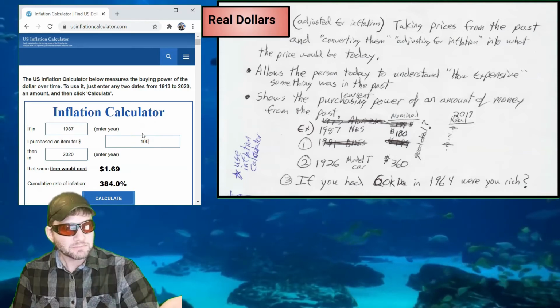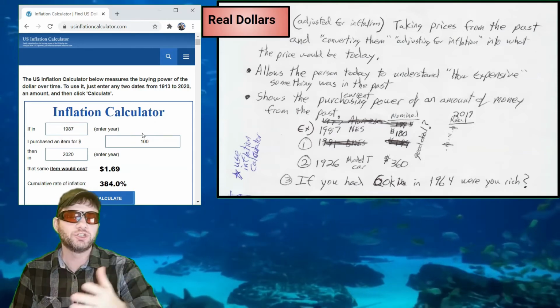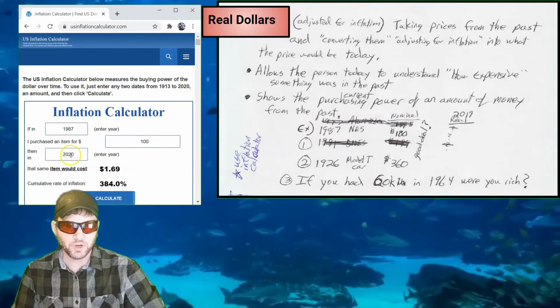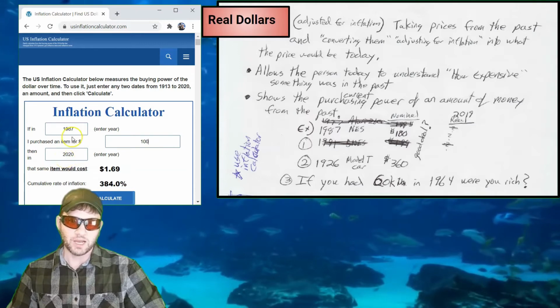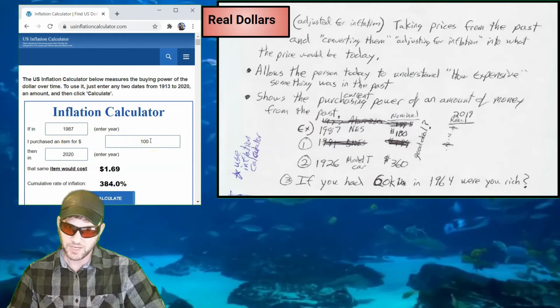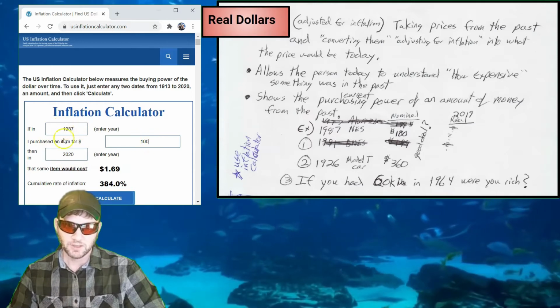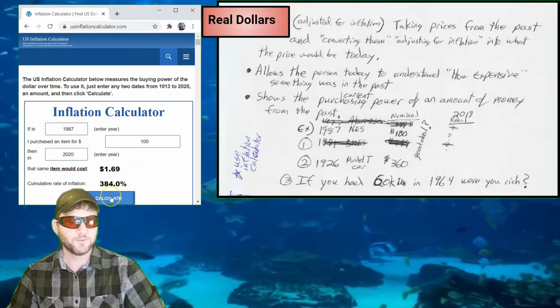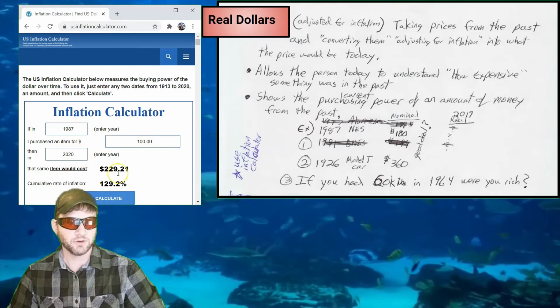Is that a lot? Well, we have to adjust the dollars to today's thinking. We've got to adjust them to 2020. I remember buying an NES growing up. When we bought it for $100, with my parents' money, it was just like me going out and buying a PS5 for $230.